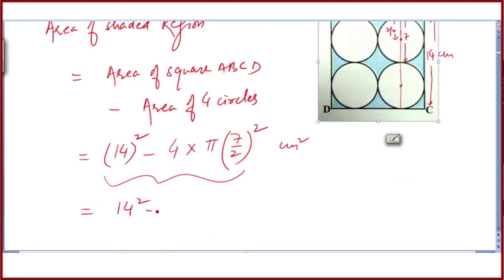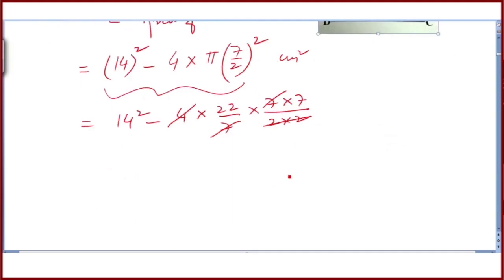14 square minus 4 into pi can be written as 22 by 7. 7 square is 7 into 7. 2 square is 2 into 2. So this cancelled by this. 7 got cancelled by this. So this is 14 square minus 22 into 7, okay. 22 into 7 can be written as 154 and 14 square can be written as 196, right.